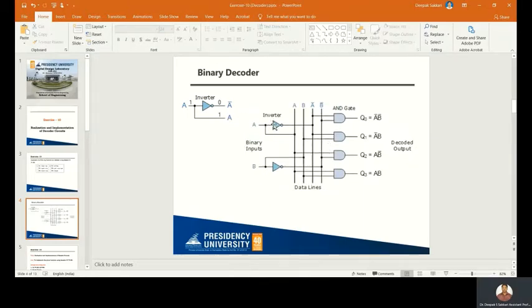From A, I can have two outputs, that is through inverter one output and directly another output. Next, from B, one output directly and another output from inverter, right? So in that fashion, we know that if we have two, we can have 4 different combinations. So the same we can get here. Just observe here.